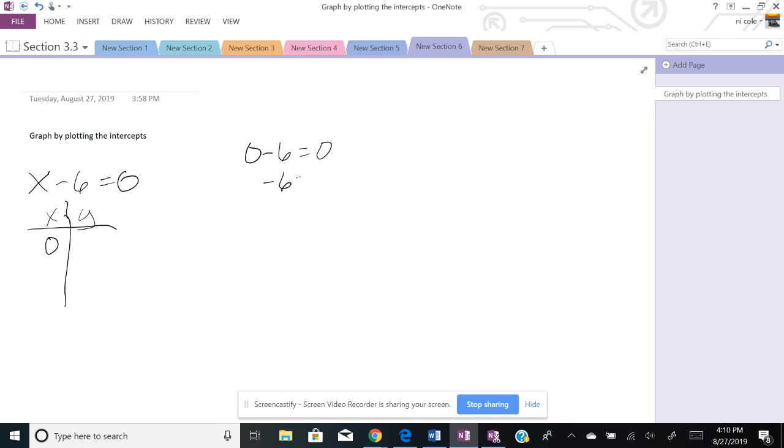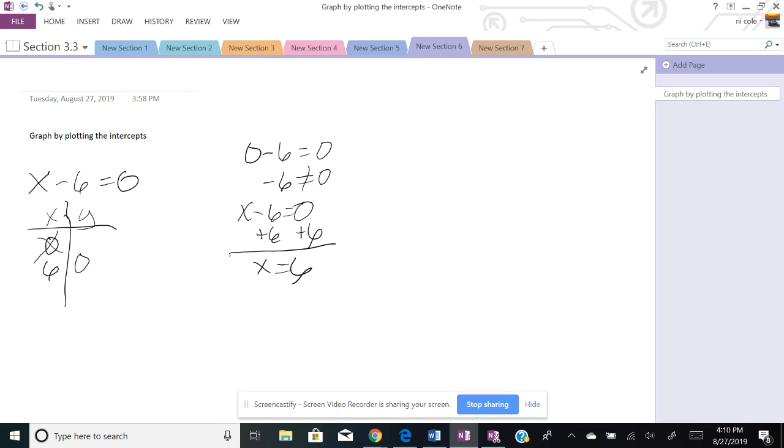Well, negative 6 cannot equal 0, so I cannot pick this. This will not work. Let's pick 0 for y. When y is 0, what does x equal? Well, x minus 6 equals 0. Add 6, x equals 6.